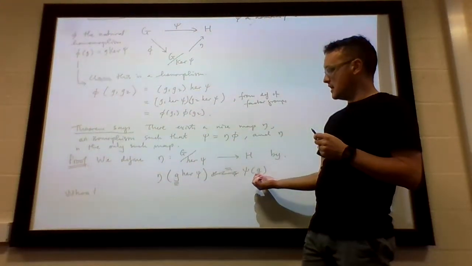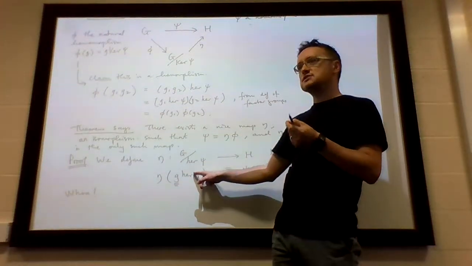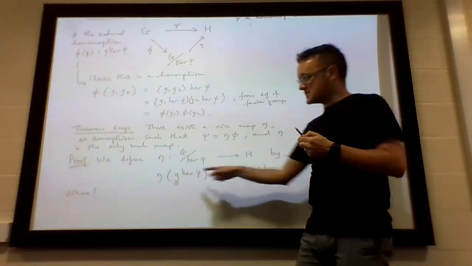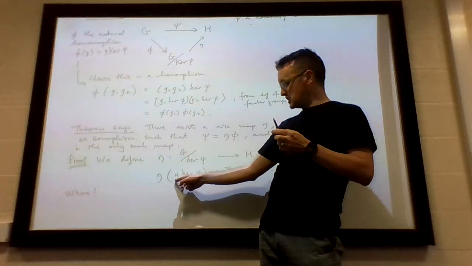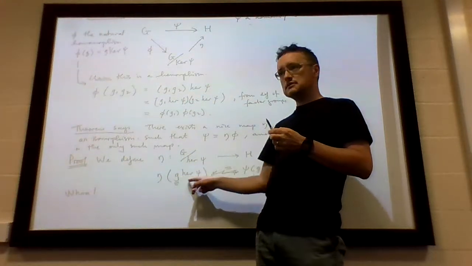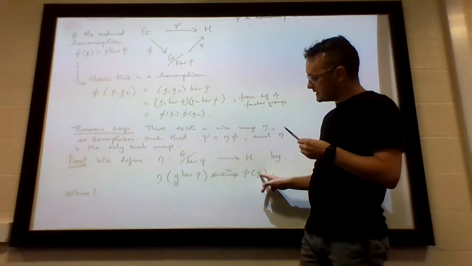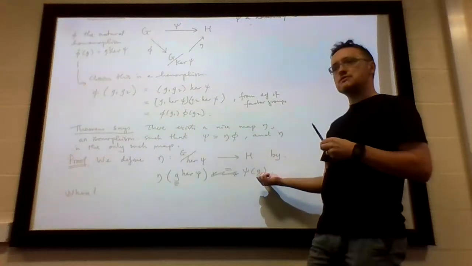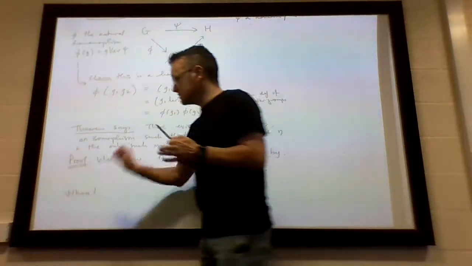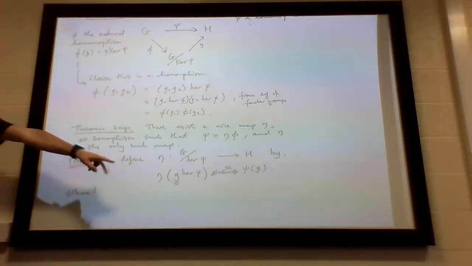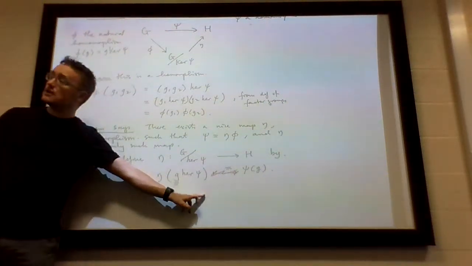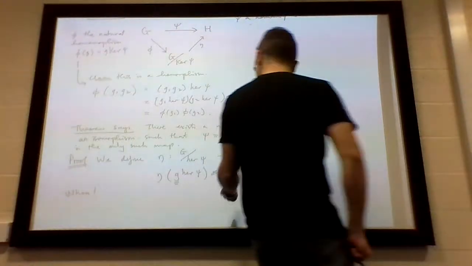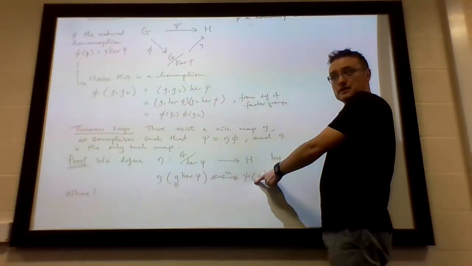This object here is a coset in G, so it's a subset of elements of G. One of them is the element little g, because g times the identity, which is in the kernel, is in the subset. And so we're telling the reader how to define eta of this coset by making use of the representative little g. But who's to say that if you use a different representative from the same coset, that might not give you a different value over here?